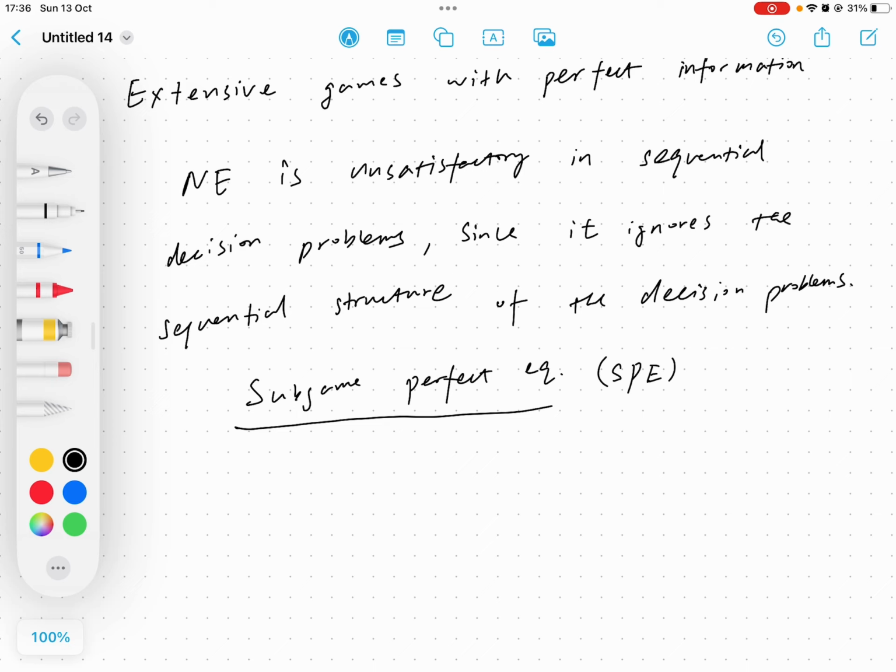Essentially that's the intuition behind this new solution concept. And we will also discuss what is the subgame of a full game, right?